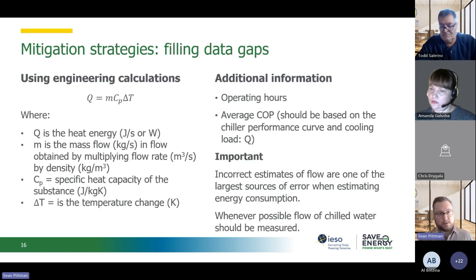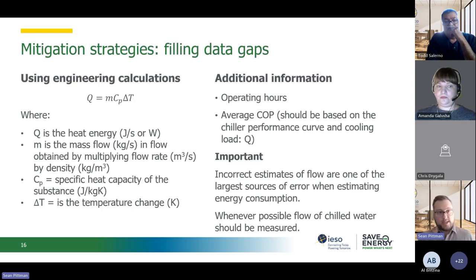Specific heat capacity, you can look up in thermodynamic tables. Delta T is usually read either straight from a BAS or it's a very simple temperature gauge. Everybody has that information, but the mass flow rate is one that not everybody has. Not everybody has a flow meter installed to read those mass flow rates.